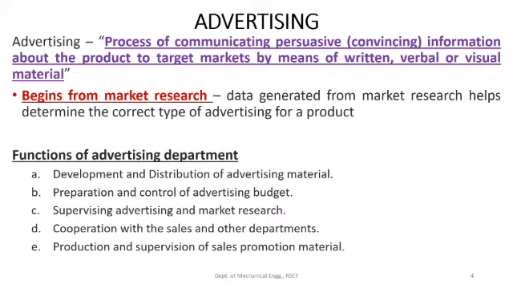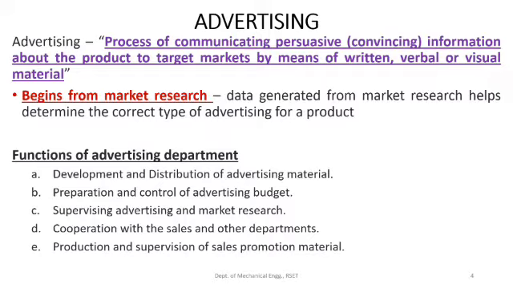Among all advertising media, in some cases a written form of advertising might be the right choice. In some cases, visual material might be much more impactful. So under each scenario, you might require a different kind of advertising for different products, and the right choice of the advertising tool, the right form of advertising, can only be made once you have done the correct market research.